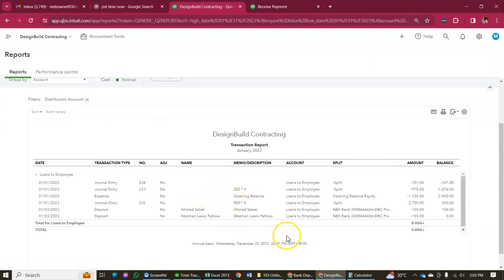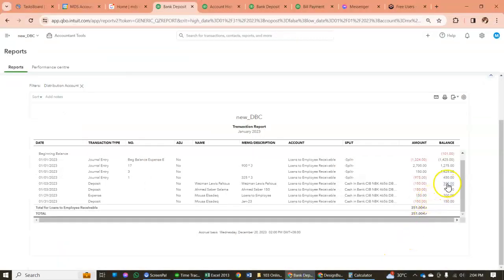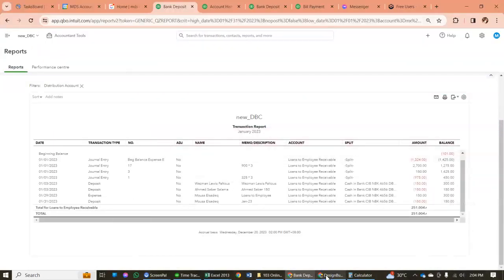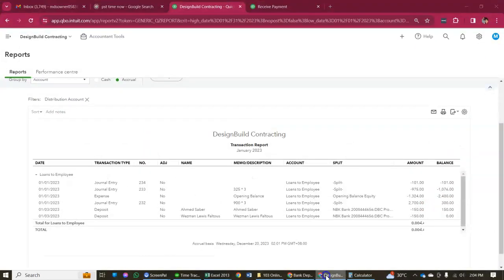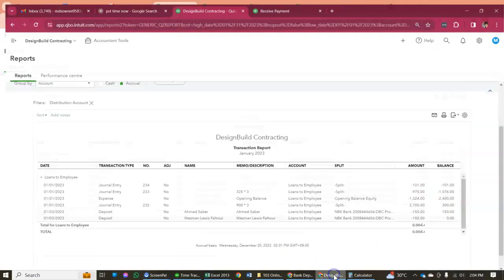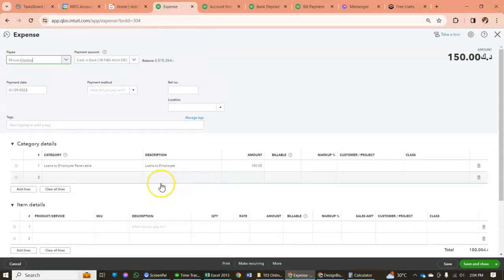Switch to classic. So for example in this, these are for the beginning, that is the 300, so we don't have to touch that one. What our concern is this, there is a 150 additional in here. I think this one is coming from the lost employee.